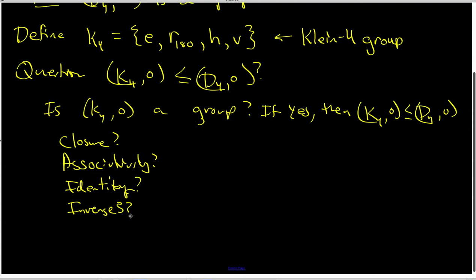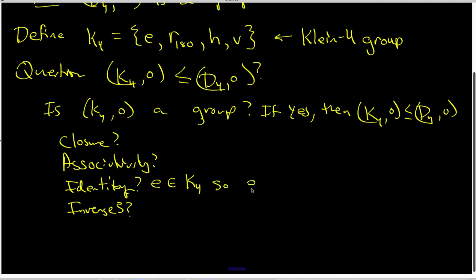Now, it turns out that since I don't have the Cayley table in front of me, we want to be thinking about the easiest things first. And so I'm going to start in the following way. We stuck the group identity in K4, and because of that, we know that the group identity is inside K4, and it's going to act as a group identity for K4 as well.